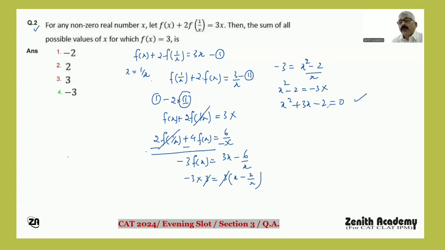From this quadratic equation, x can have two different values or two same values, and you have to find the sum of all possible values of x. For this quadratic equation, the sum of the roots is alpha plus beta equals minus b upon a. So the sum of the roots is minus 3. So this is your requirement, the sum of all possible values of x. So the answer is minus 3.